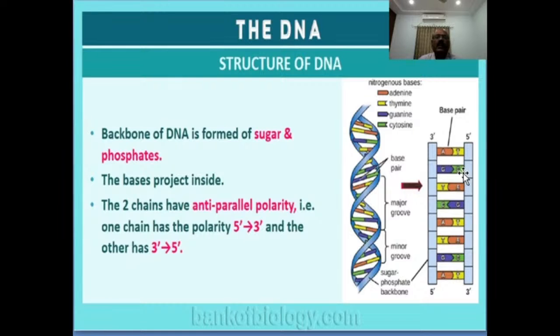So, the backbone of DNA is formed of sugar and phosphates. The bases project inside. The 2 chains have anti-parallel polarity. That is, one chain has the polarity 5' to 3', and the other has 3' to 5'.